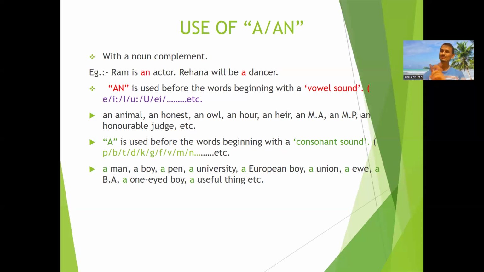With a singular, countable noun having an initial consonant sound, what do we use? Very good job. Similarly, with a singular countable noun having an initial vowel sound, we use an. Okay, is it clear? Thank you.